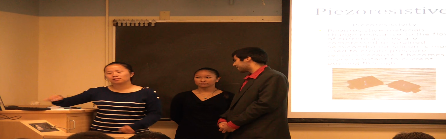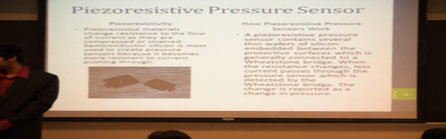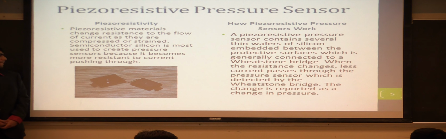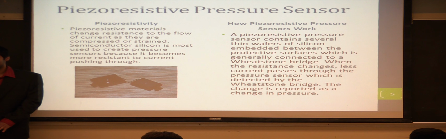Now we have the piezoresistive pressure sensor, which is widely used in biomedical applications, and it's the core to our bioinstrument. The sensor itself consists of a diaphragm, which is built upon a silicone substrate that bends when there is an applied pressure.